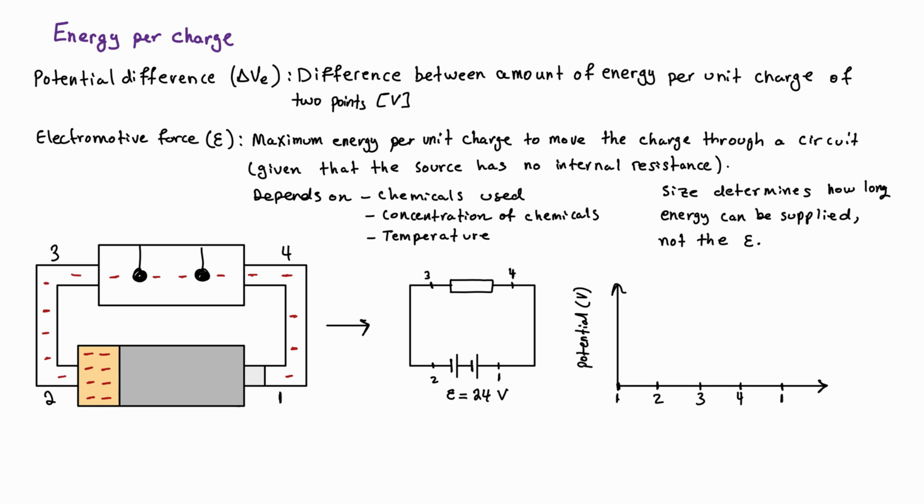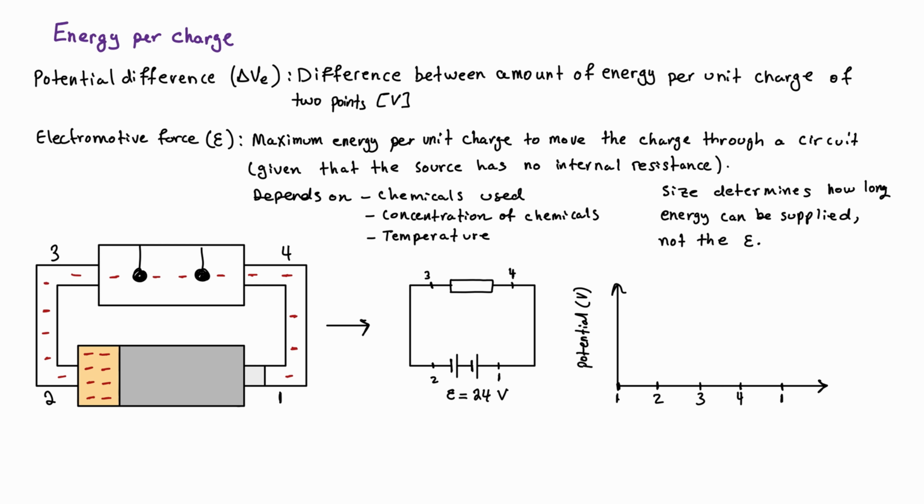So at this point over here, the potential for the charges to do work is the highest. And as they move through the wire here, we assume that the wire has no resistance. So they're not going to bump into anything, so they're not going to lose any of their energy here. But they start losing their energy as soon as they bump into a particle in the load.